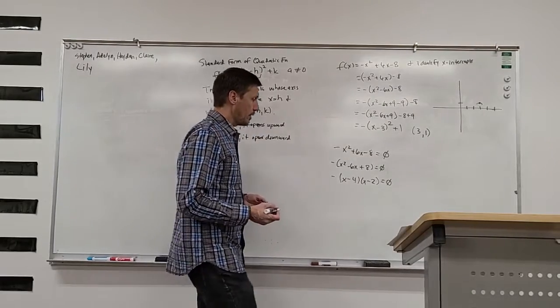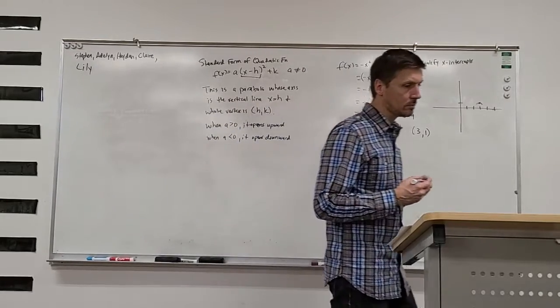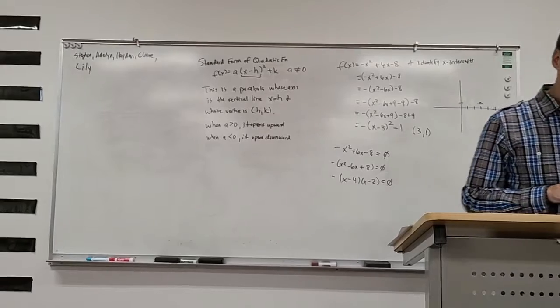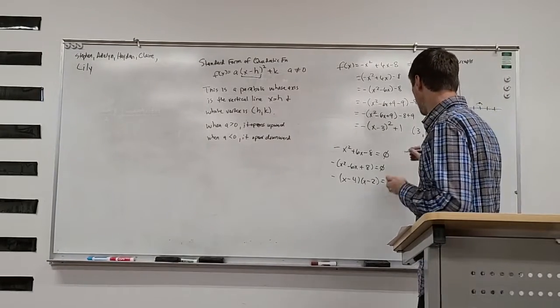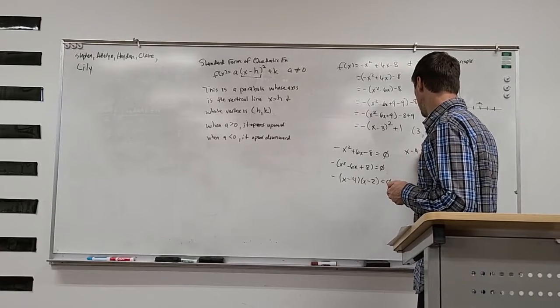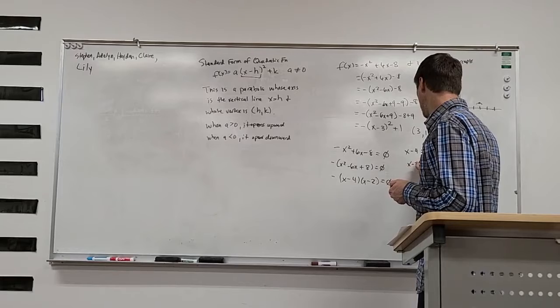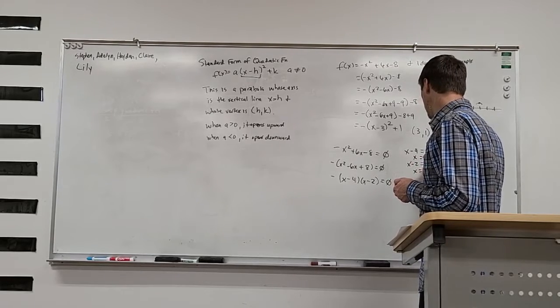So now if we do that, then we set up each of these terms equal to 0, then we can say that x minus 4 would equal 0 and x minus 2 would equal 0. So x would equal 4 and x would equal 2, right?